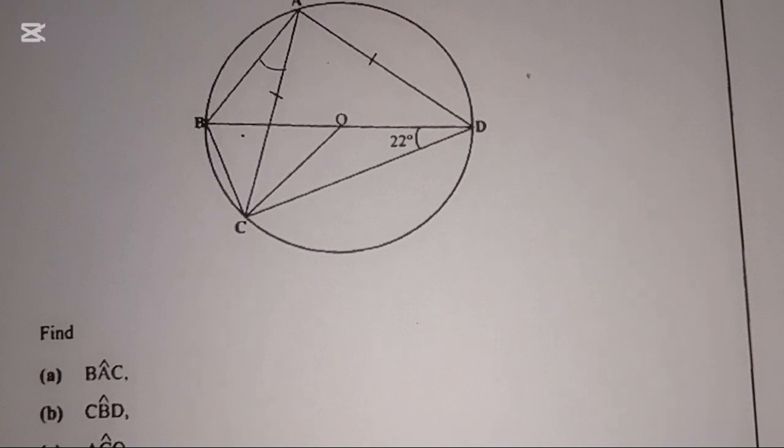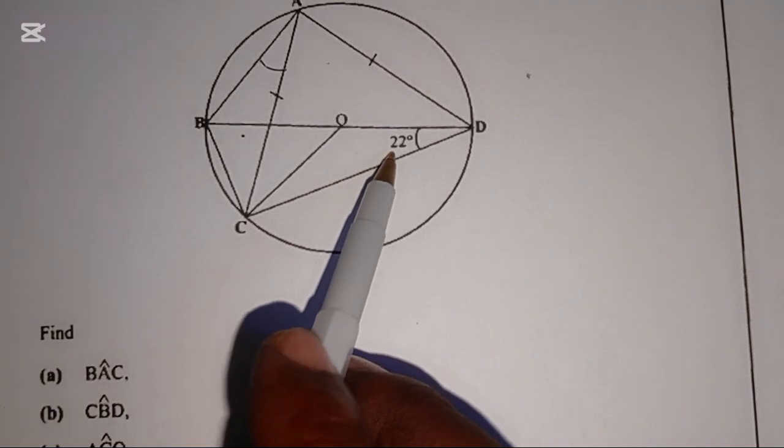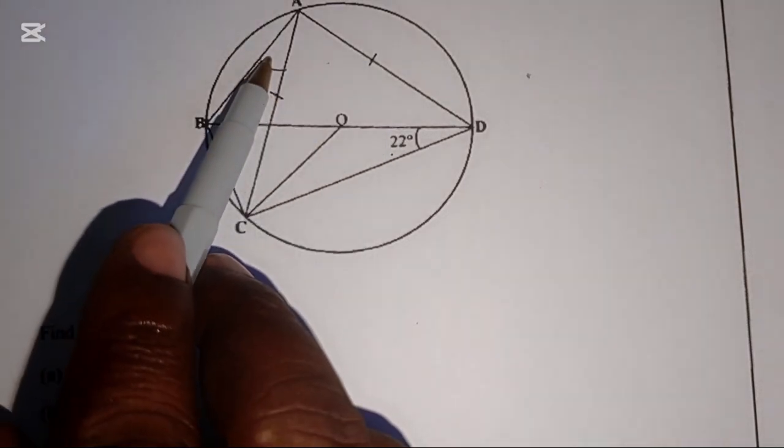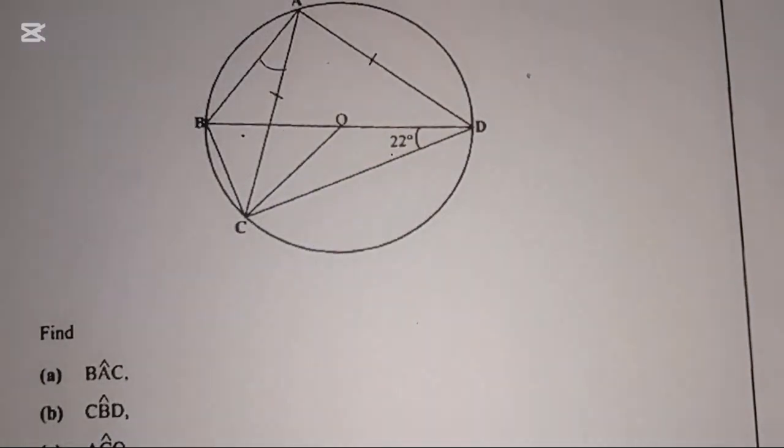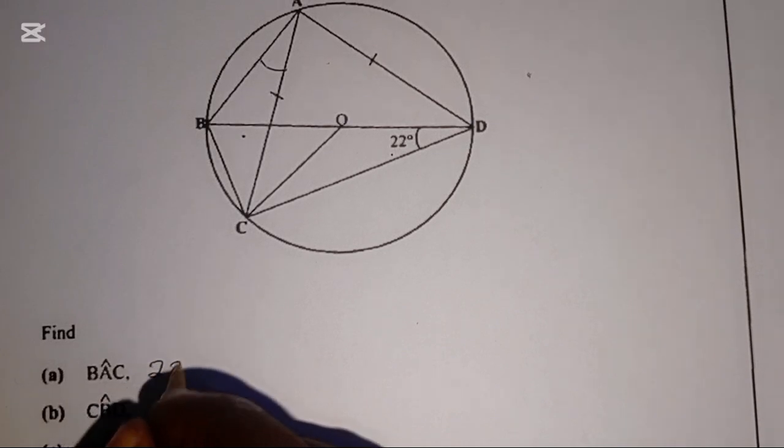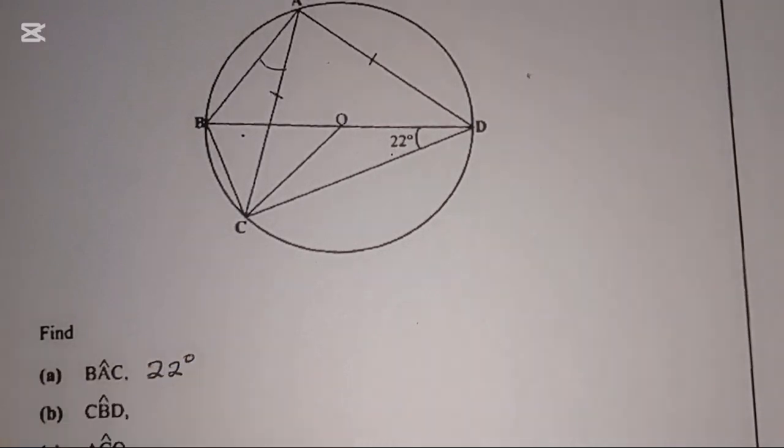This property says that angles subtended on the same segment are equal. So this 22 is equal to this angle. Why? Because they are subtended on the same segment. So BAC is equal to 22 degrees. B, find CBD.